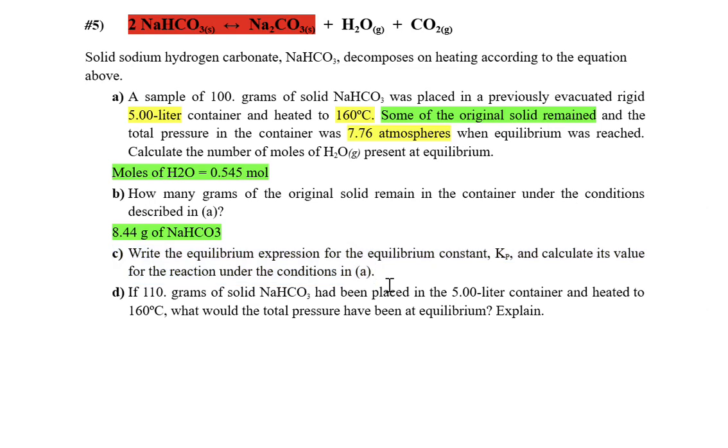Write the equilibrium expression for the equilibrium constant Kp and calculate its value for the reaction under the condition in A. Okay, so here it's just asking us to make the expression and tell us what Kp is. Great. So, for those who can't remember Kp, I memorized Kc first, and they're the same. So you just find the pressures, and that will get you Kp.